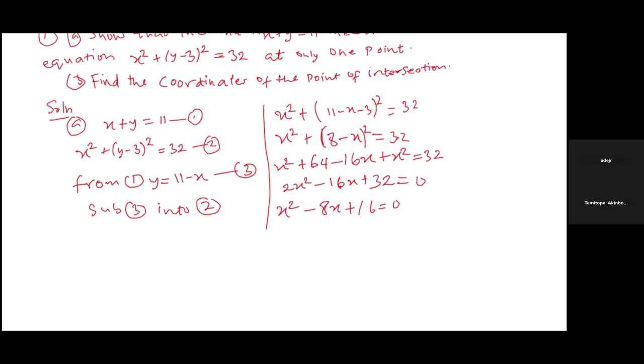So that will be x squared minus 4x minus 4x plus 16 equals 0. So minus 4 minus 4 will give us minus 8. Minus 4 times minus 4 will give us plus 16. So x is common here. You have x minus 4. Minus 4 is common in the next two.